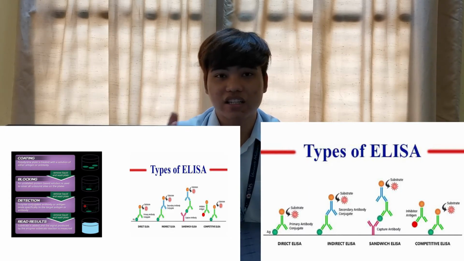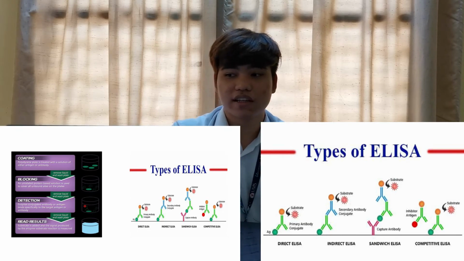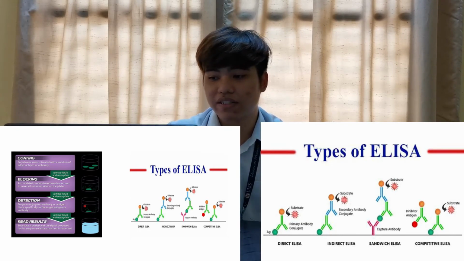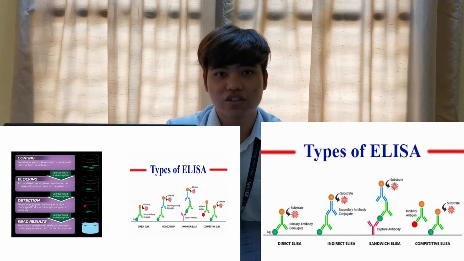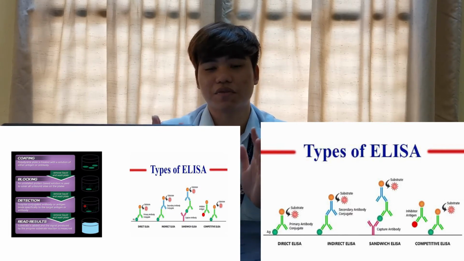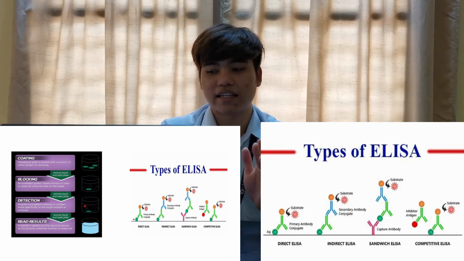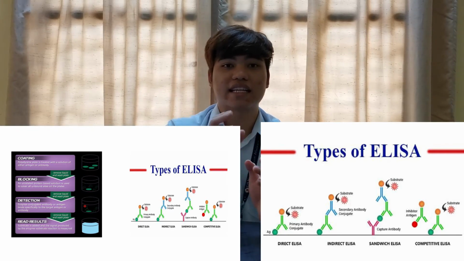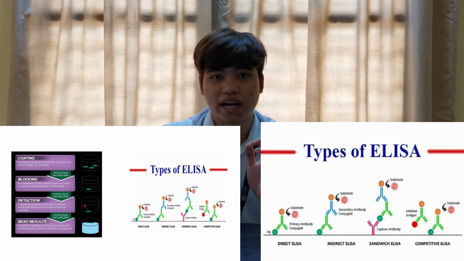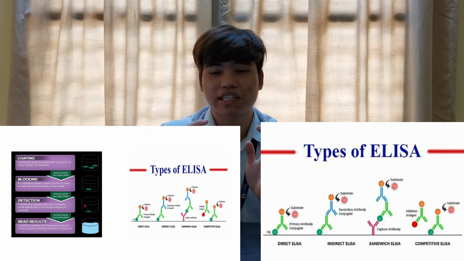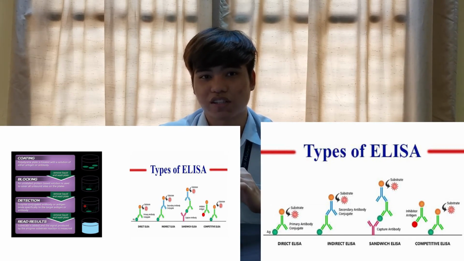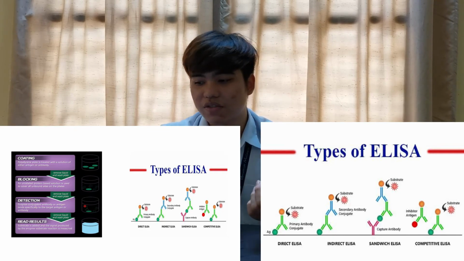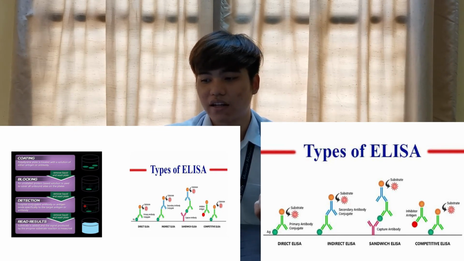Then the antigen will bind to the antibody that brings the secondary antibody conjugate. Then it will give the result. So that means this procedure uses an antibody for the first region to attach to the antigen of the sample and give the result.